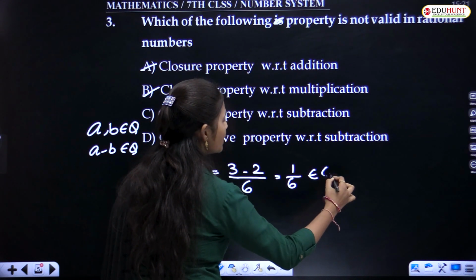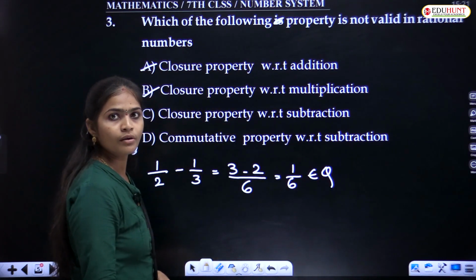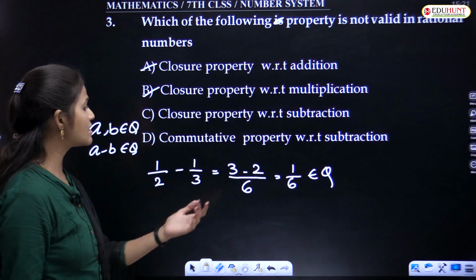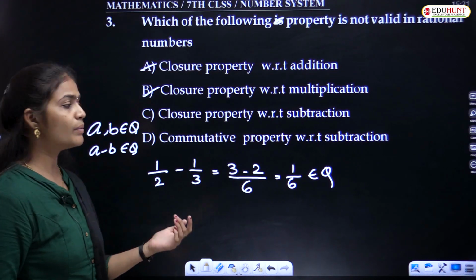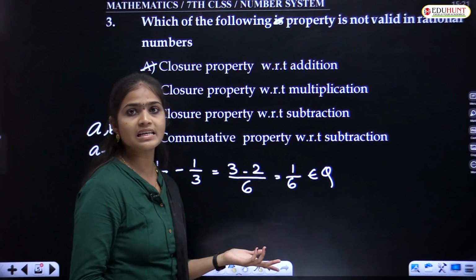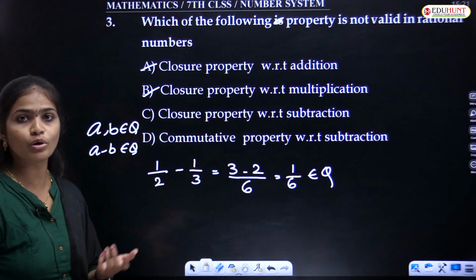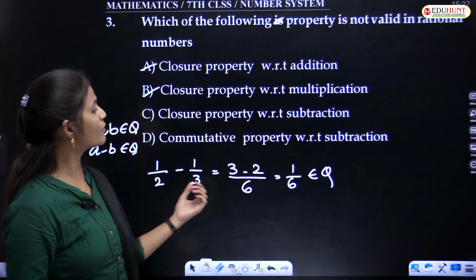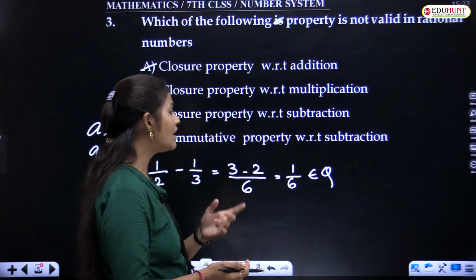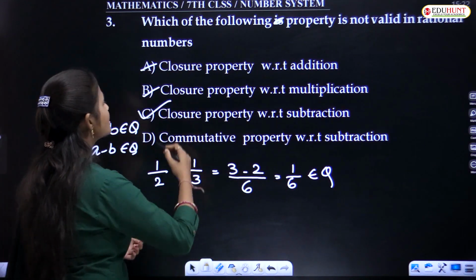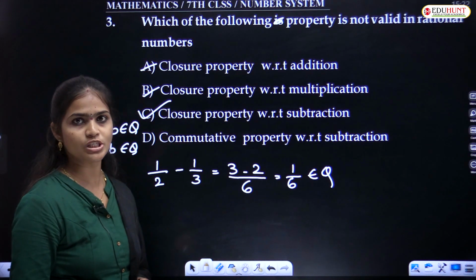Again this belongs to rational numbers only. So in this case it is possible. We may get integers, rational numbers, natural numbers, or whole numbers, all of which are there in rational numbers. That's why we can say closure is possible for subtraction.